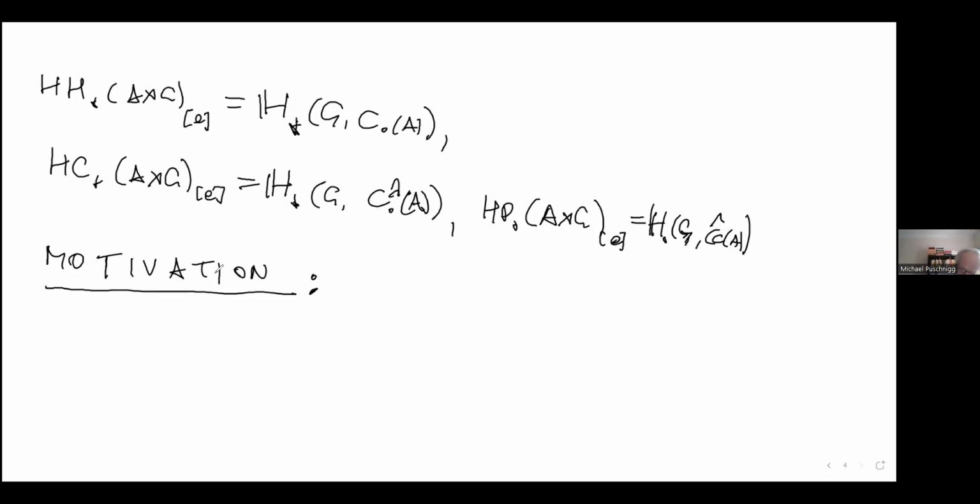I hope that you know this: the classical calculation of periodic cyclic homology goes in 3 steps. The first step is you calculate Hochschild homology. Then, using the SBI exact sequence, if you're lucky, you are able to calculate the cyclic homology. They are both Z-graded.